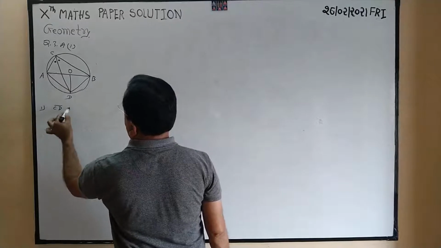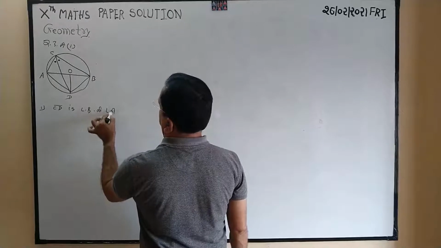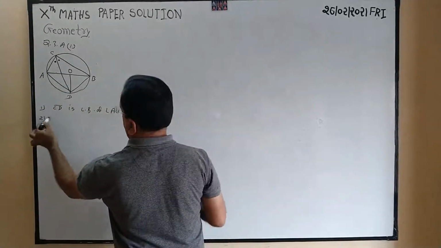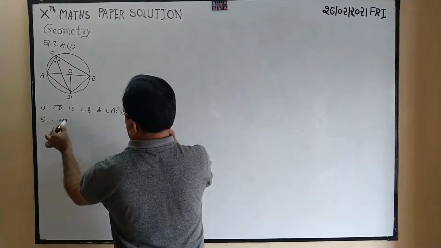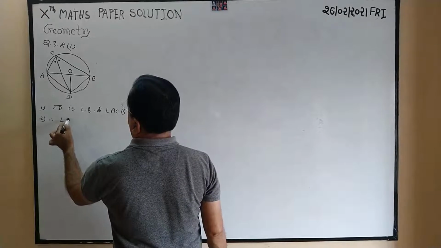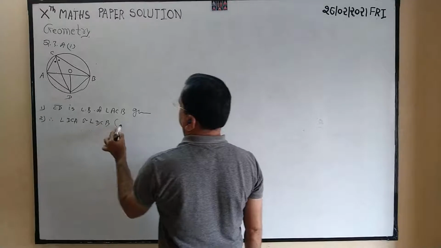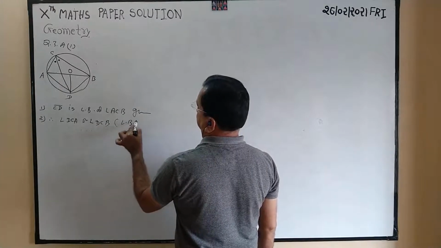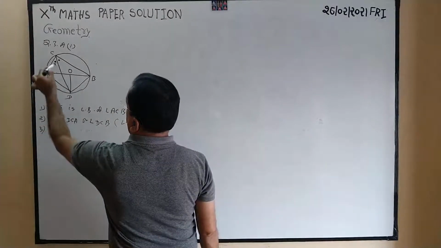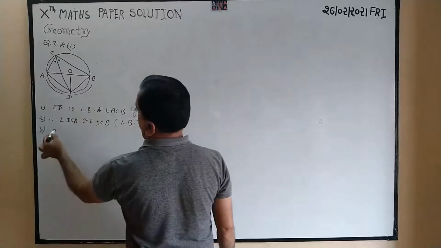First, CD is angle bisector of angle ACB, given. Therefore angle DCA congruent to angle DCB, angle bisector theorem. These two are equal, inscribed angles equal, so these two arcs are equal.